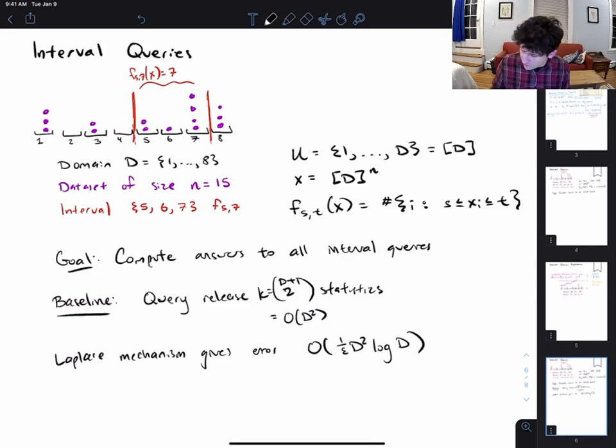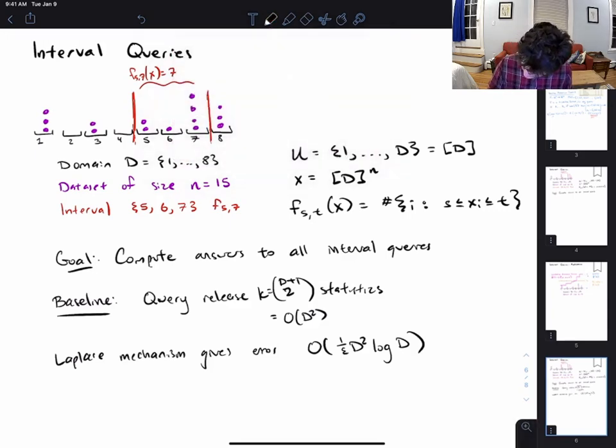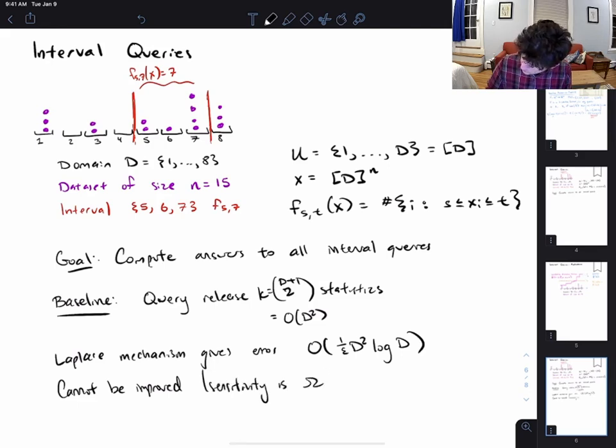Okay, so the first thing to convince yourself of is that this cannot be improved because the sensitivity is omega d squared. So if we want to use Laplace noise, we have to add noise d squared.